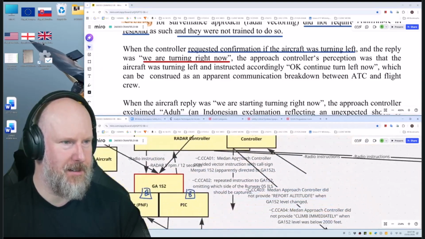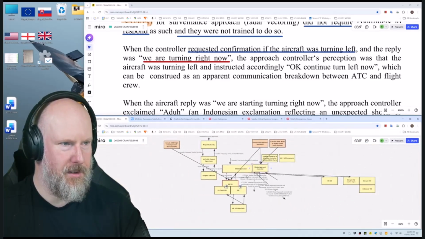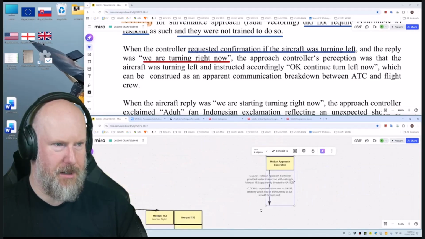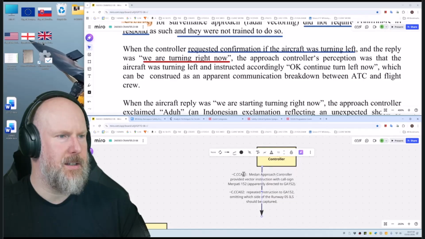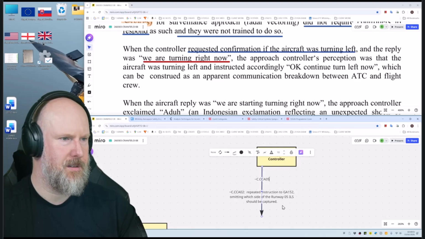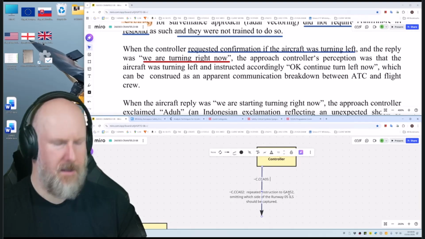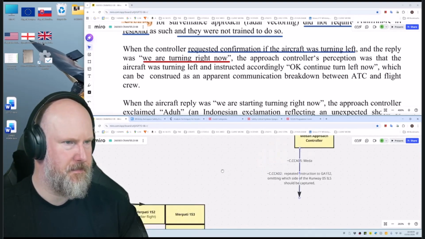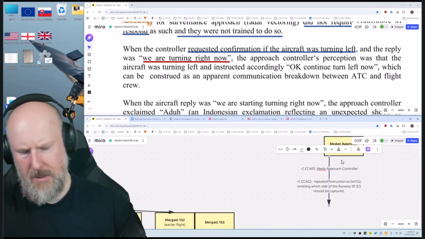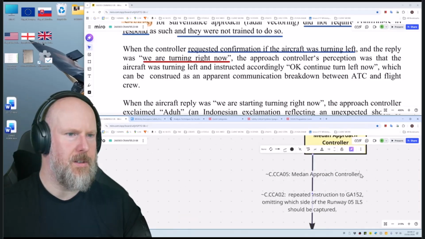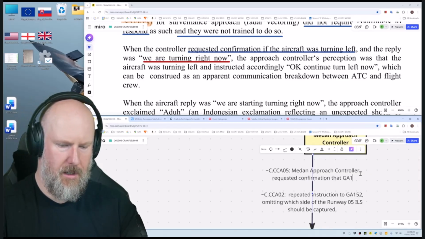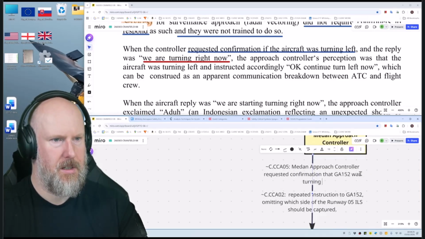Okay, so let's just go down here. In fact, what I'm going to do is separate this out and put it over here, because it's getting a bit busy. So let's have a look. Control action number 5: the Medan approach controller requested confirmation that GA152 was turning left.